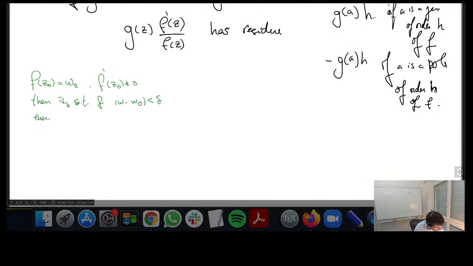Basically, there exists only one solution to f of z equals w in z minus z0 smaller than some epsilon.